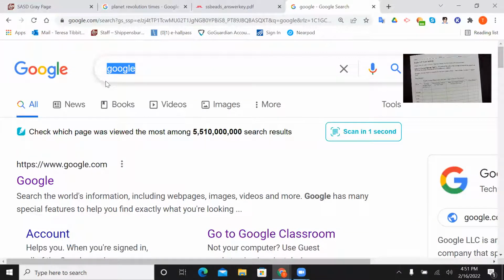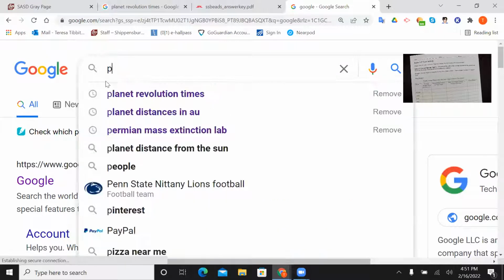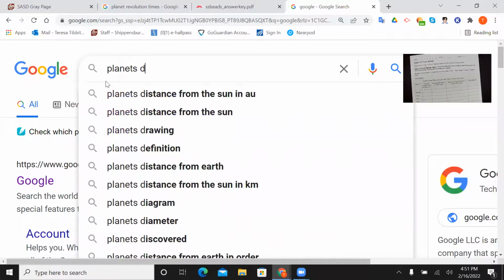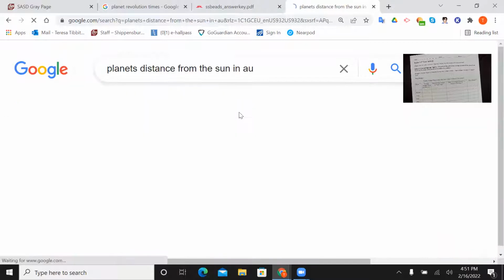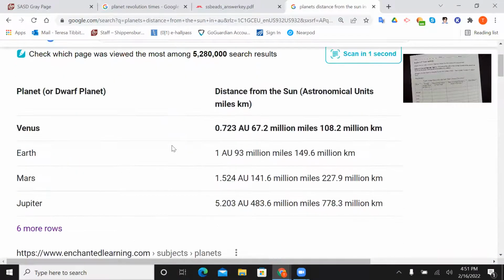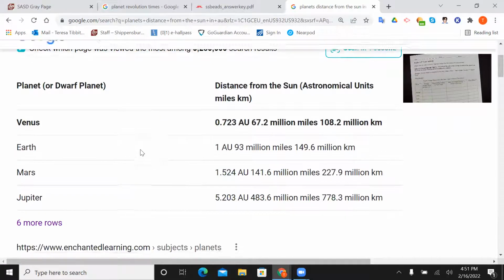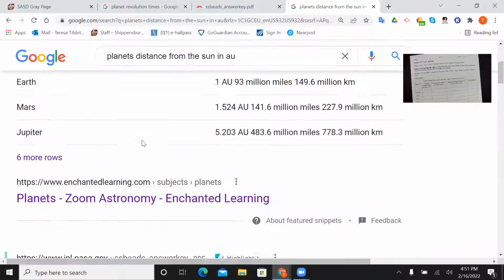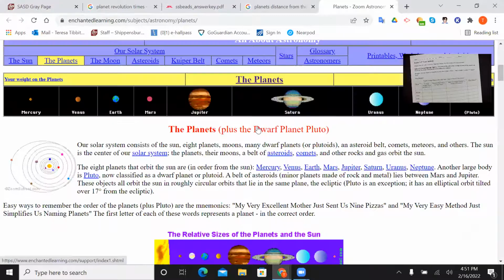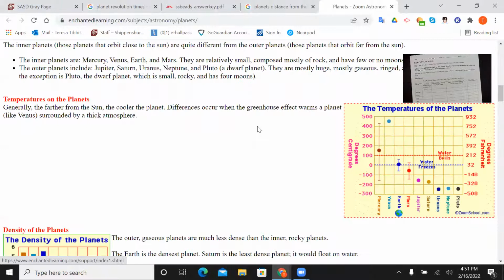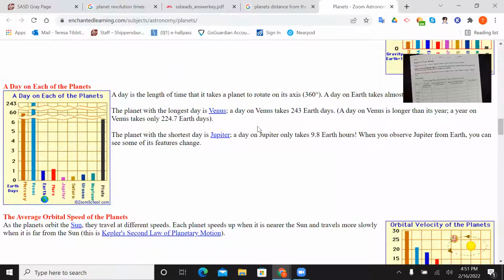And we're going to type in average distance planets, distance from the sun in astronomical units. Right, and there's some values right there. All right, we need some more. There we go.